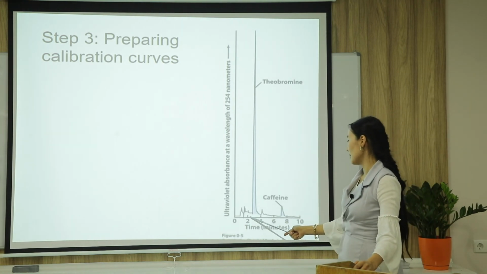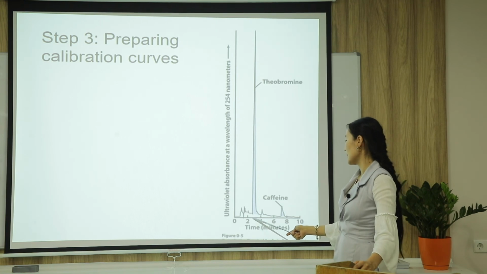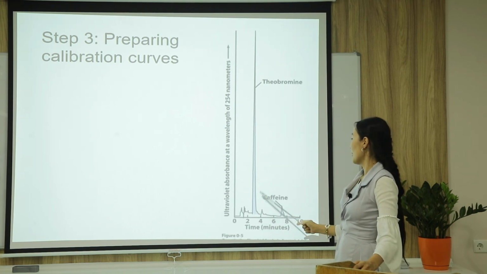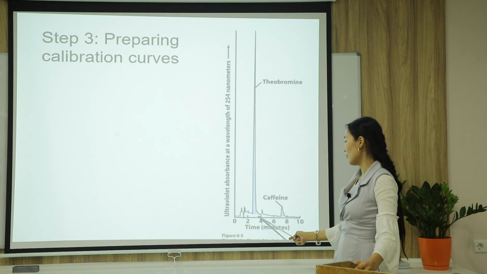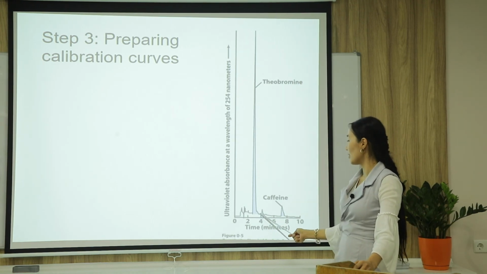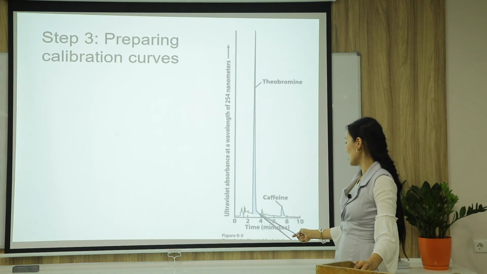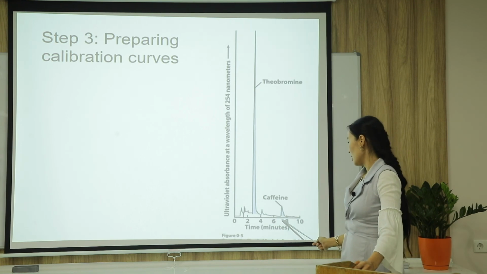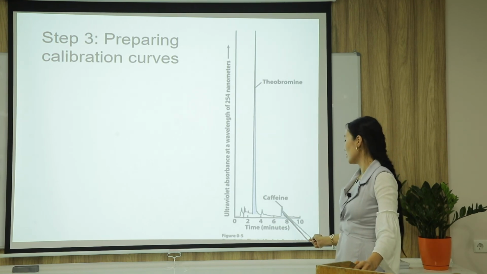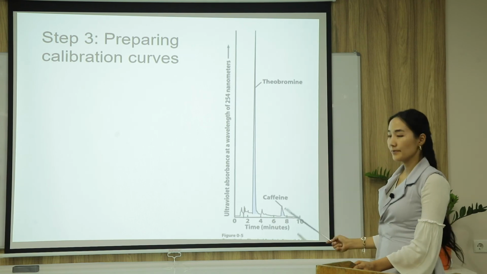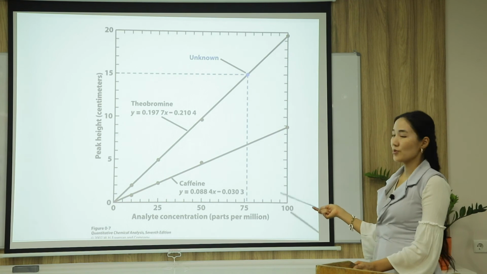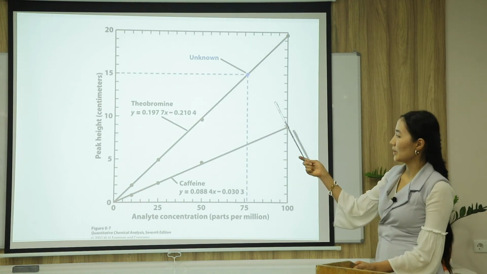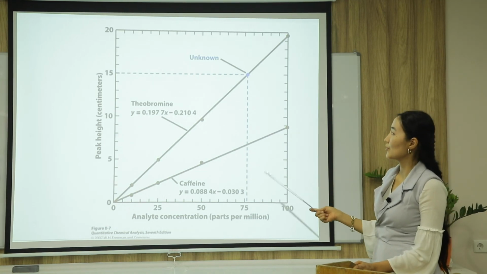Starting here at 2.6, the theobromine peak goes up, and after that it goes down from about 3.8, 3.9, approximately. And the caffeine shows us 6.7, approximately 7 minutes.